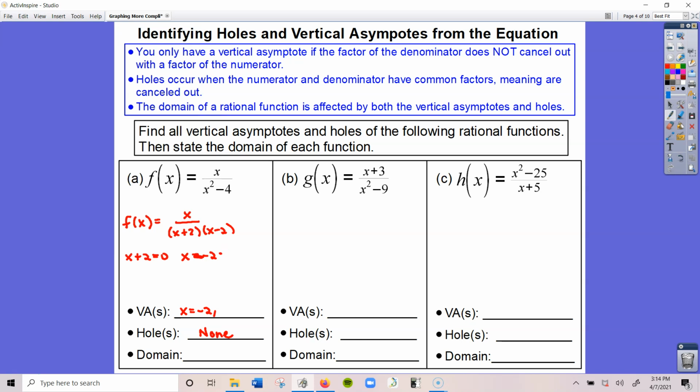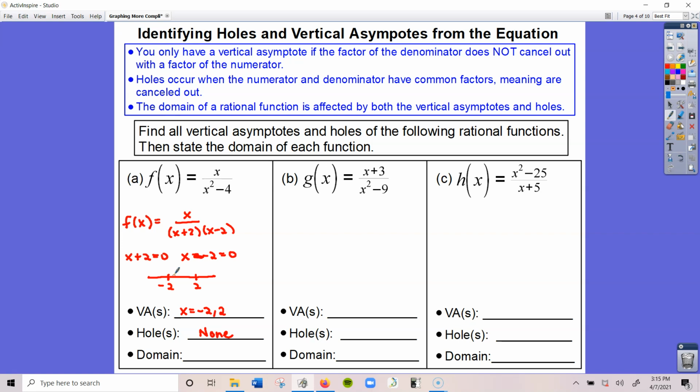Here I would have to subtract the 2, so x is equal to negative 2 is a vertical asymptote. And here I would have to add the 2, so x is equal to positive 2 is another vertical asymptote. So it's possible to have two vertical asymptotes. Now the domain. The domain is going to be restricted by these two vertical asymptotes. So we can put them on our number line here.